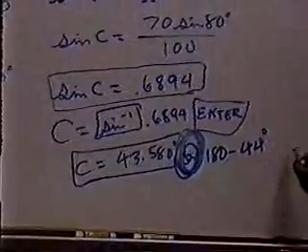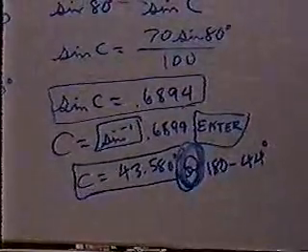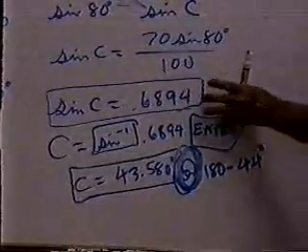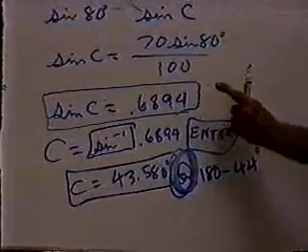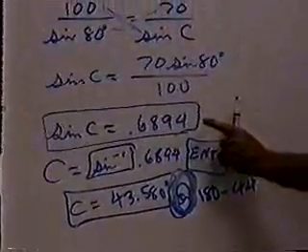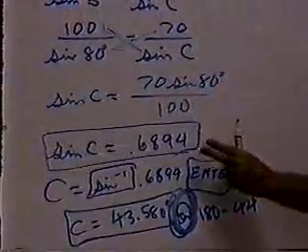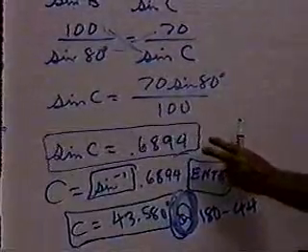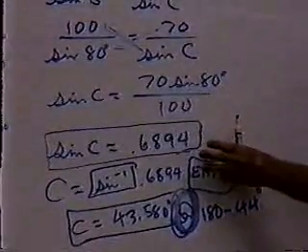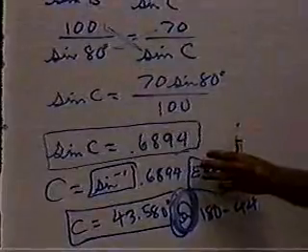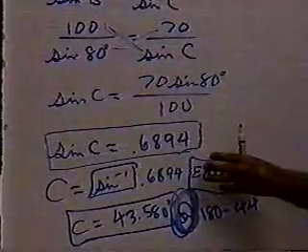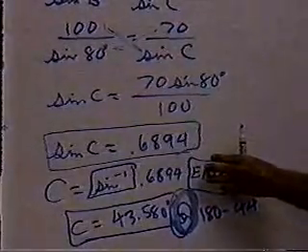So it's possible we might have two answers. And this is what happens in the law of sines. You can get one triangle, one set of solutions, or two triangles, two sets of solutions, or no triangle, no solution. And that's what we're going to look at in the next 3 or 4 examples after this one.